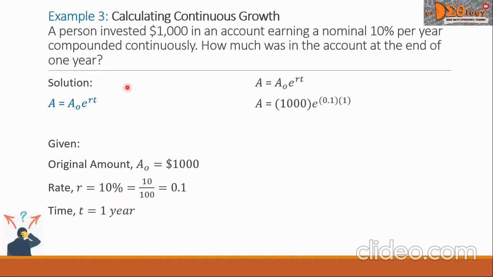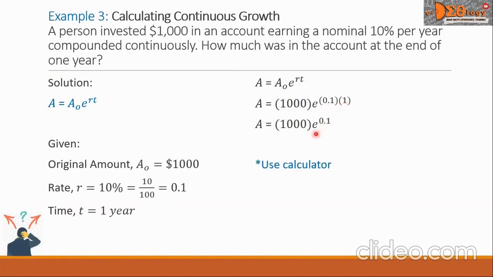Listing our formula again, it is now here, and let us do the substitution. A sub O is now 1,000. E is a constant, we'll just copy. R is now 0.1 times T, the time is 1. The 0.1 times 1 is simply 0.1.